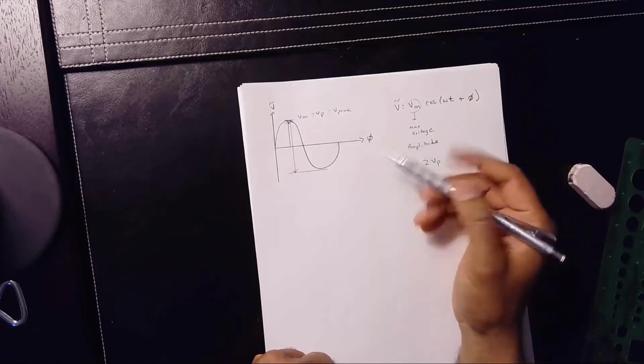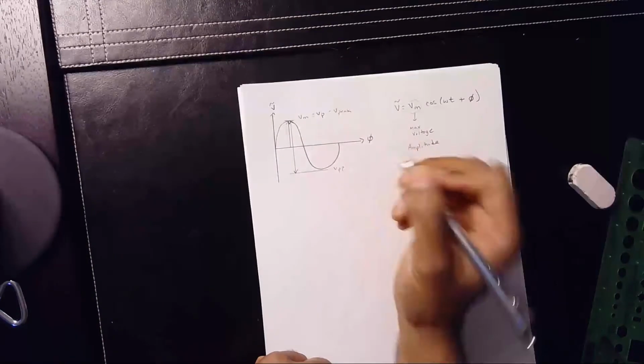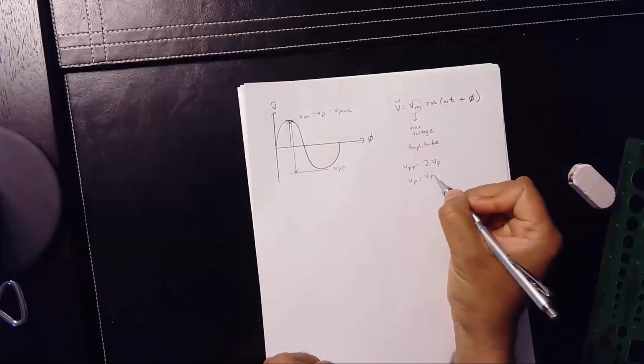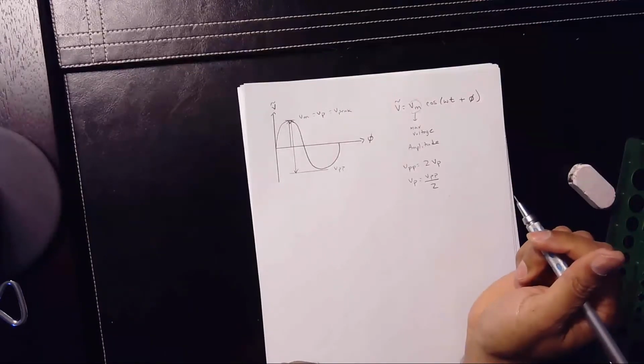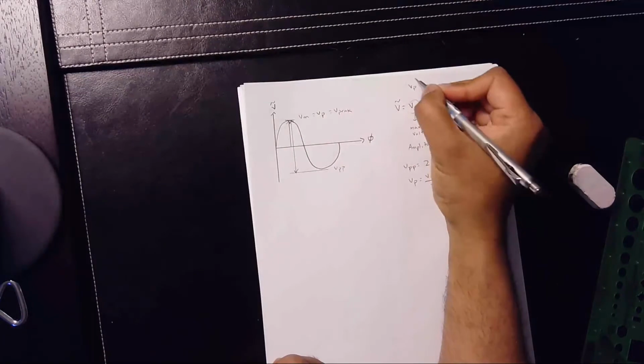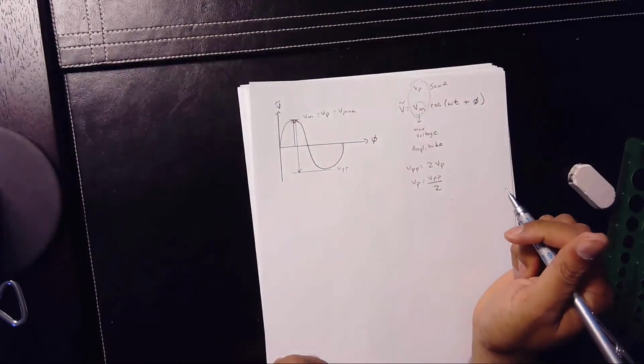So this is V peak to peak here. I'm going to go ahead and label that peak to peak. So V peak is V peak to peak divided by 2. V max and VP are the same. So know these things.